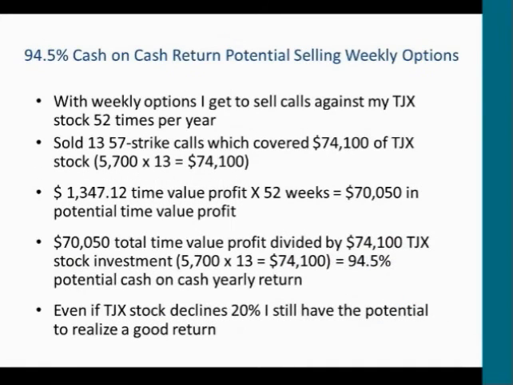ETF. And what I like to do is if I'm selling the 57 strike call, then I like to have an equivalent amount of stock, super portfolio stock. So if you're selling the 5,700 strike call, then you'd have roughly $5,700 worth of stock for each one of these calls that you sell.